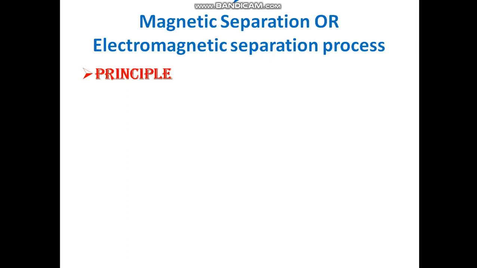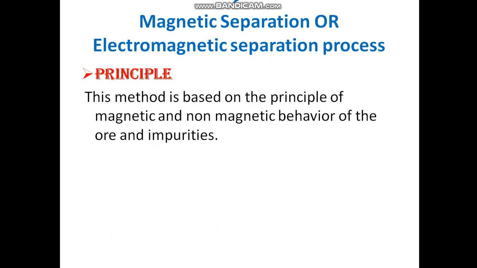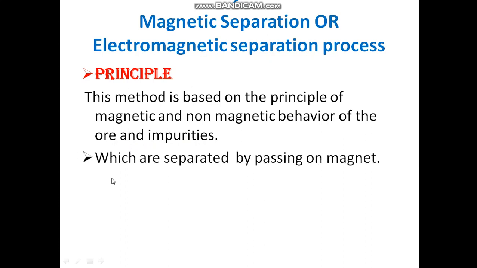The principle, as we have seen, is very simple. The magnetic separation process itself tells what its principle is: it separates out the magnetic and the non-magnetic ore particles. So let's have a look. This method is based on the principle of magnetic and non-magnetic behavior of the ore and the impurities, which are separated by passing a magnet.